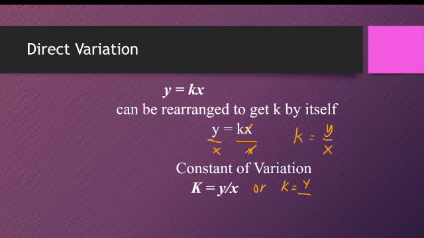So this is what we call a ratio. Okay? So ang constant natin sa direct variation is a ratio or a quotient. Okay? So mamaya kasi i-compare natin siya sa inverse variation.